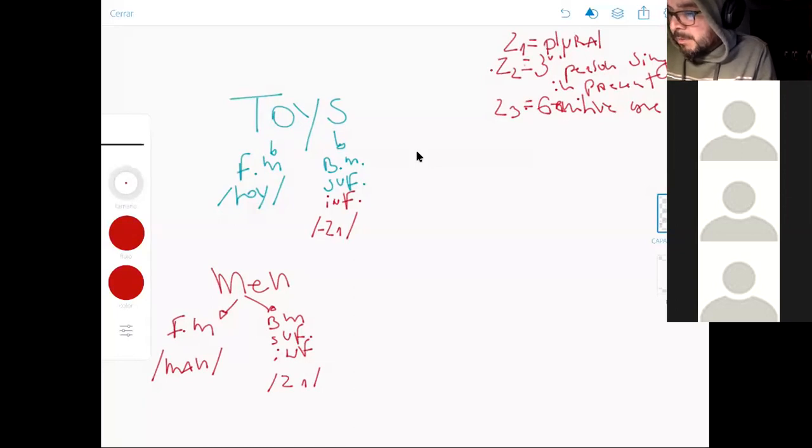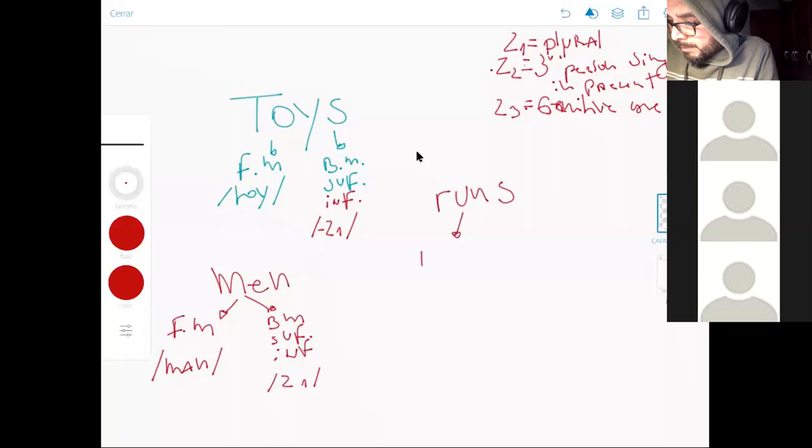Okay, let's see some other one. Like, for example, the verb runs. In the verb runs, I can see two different morphemes. One free morpheme, run itself, and the other one is a bound morpheme.